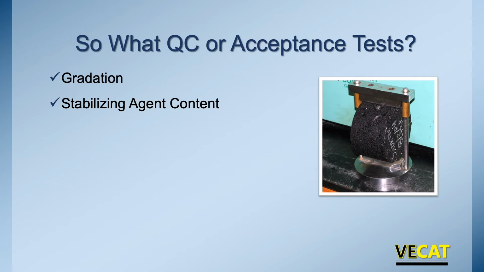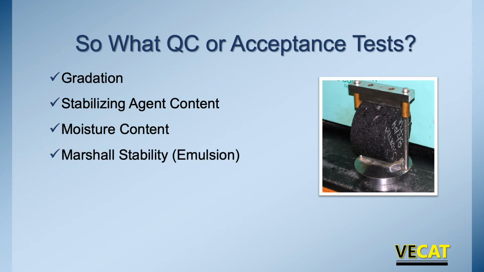Is the plant adding the right percentage of stabilizing agent? Or is the cold in place recycler out in the field adding the right stabilization content? We're checking moistures. Moisture is very important for these to be successful during production, because with the right moisture content, it aids in the compaction out in the field to get density.